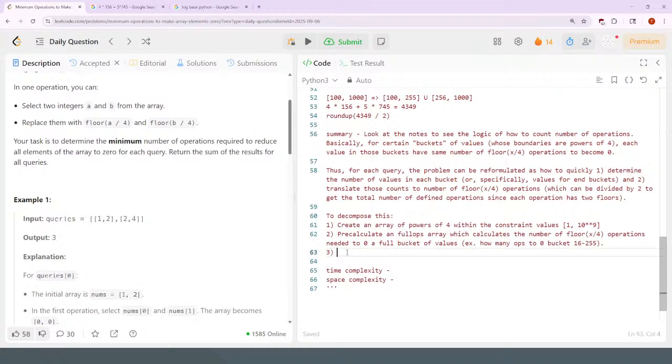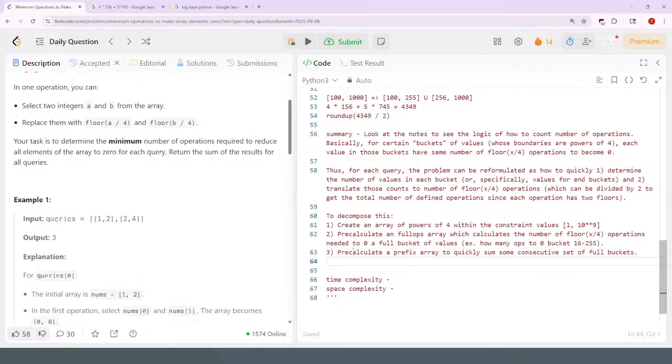And then pre-calculate a prefix array to quickly sum some consecutive set of full buckets.